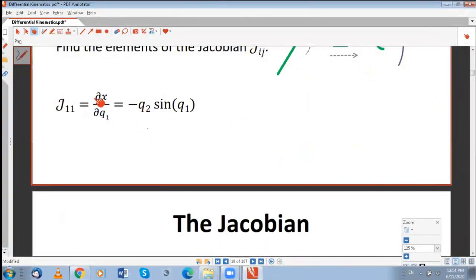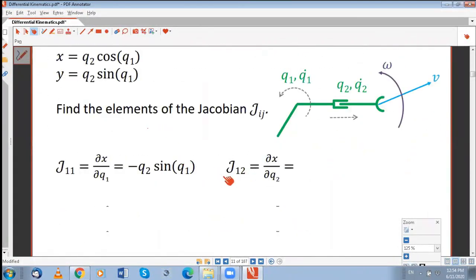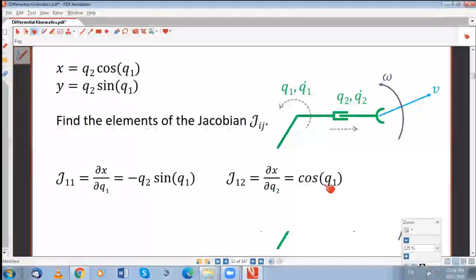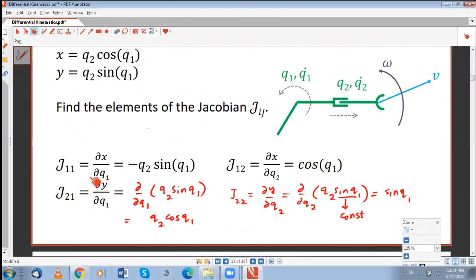So this is this element of the Jacobian. Let's call it J11, first row, first column. J12 is cos of q1. J21 is take the partial of the y now with respect to q1. So treat q2 as constant, and the partial derivative of sine of q1 is cos of q1.